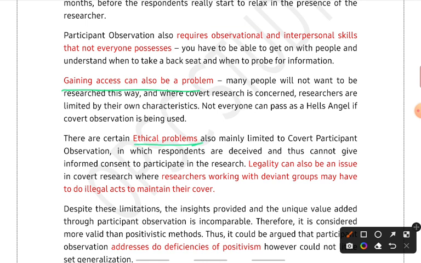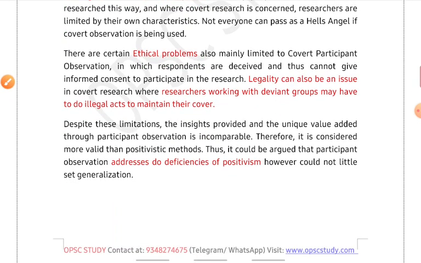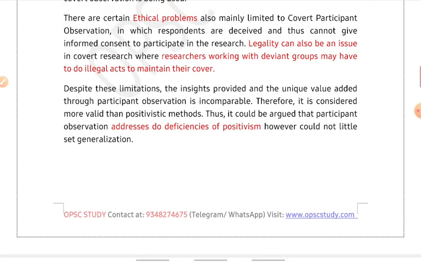Then ethical problems and legality may arise, as researchers working with deviant groups may have to commit illegal acts in order to maintain their cover. If you're trying to study a drug gang, you have to go undercover and do that. So even you are doing an illegal thing, right? So ethical issues are also involved in it.